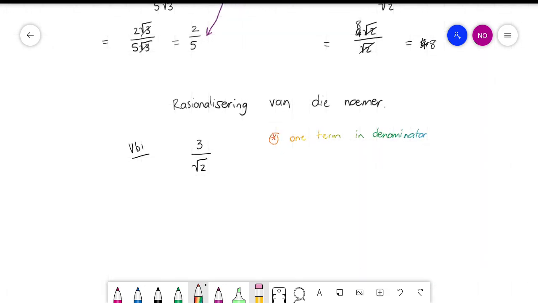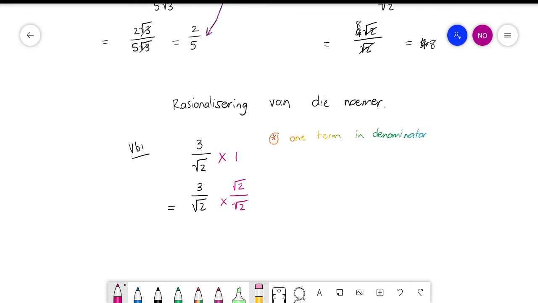So what I do here is I'm going to multiply it by 1. Are you changing the value of something if you multiply it by 1? No. Do you all agree? But I'm going to write my 1 a bit weird. I'm going to write my 1 as root 2 over root 2.